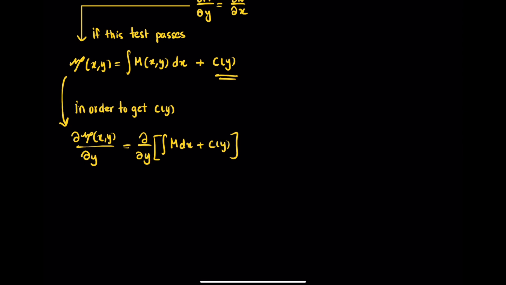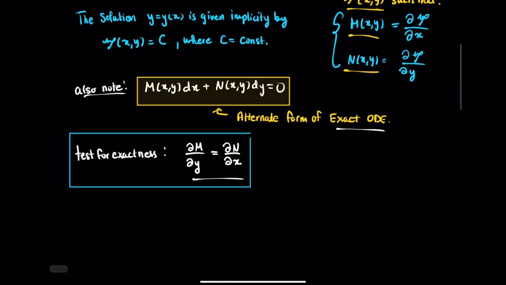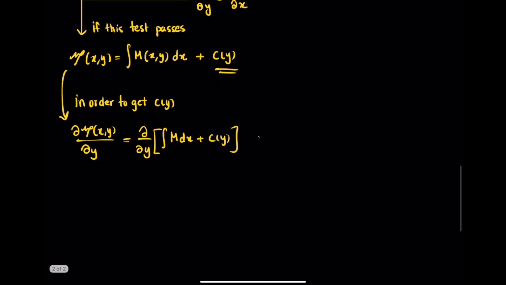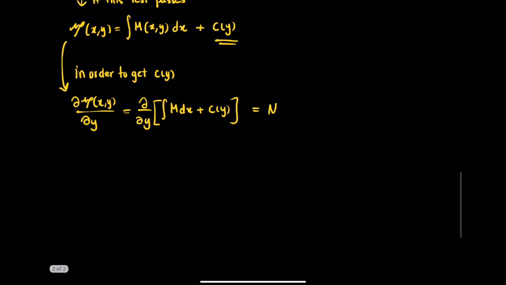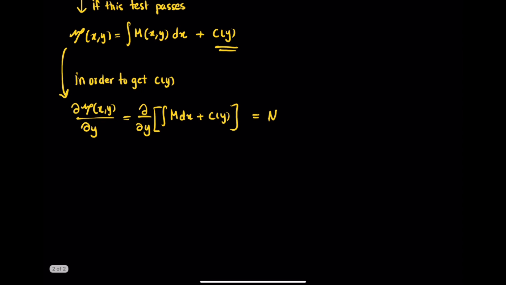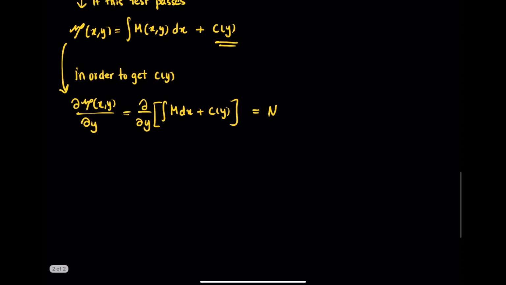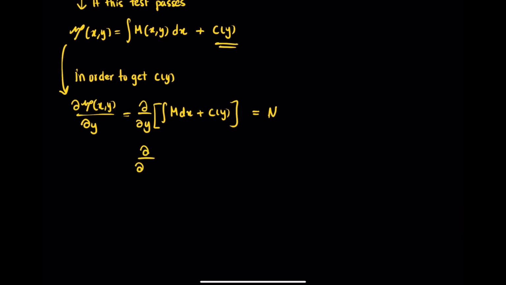Now remember that N is the partial derivative of psi with respect to y. So what we've just found is also equivalent to N, right? So let me distribute this partial derivative. Psi with respect to y, and then we would have the partial derivative of the integral of M dx plus c prime of y is equal to N, right?